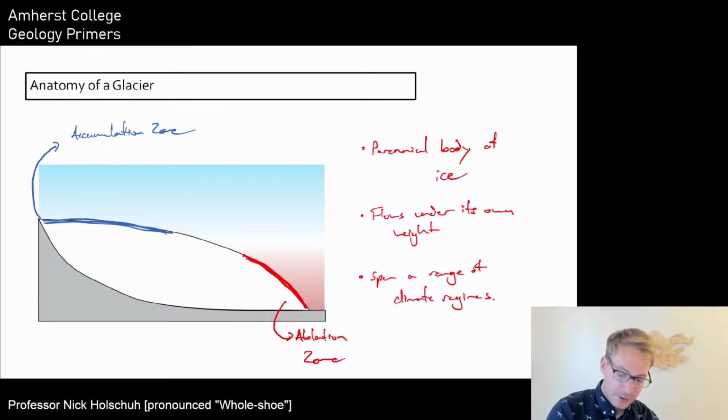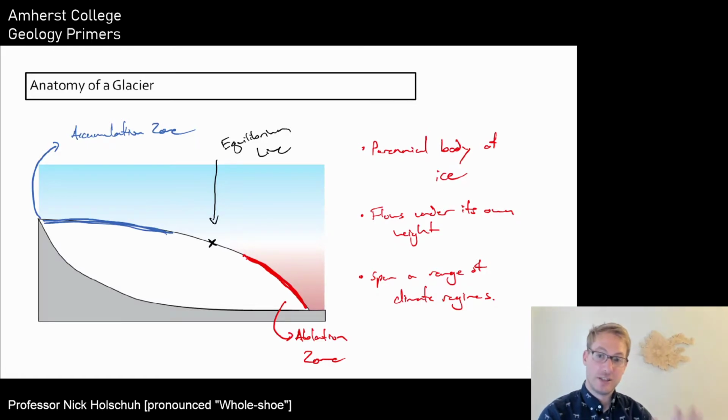The boundary between the accumulation zone and the ablation zone we call the equilibrium line. This is the point at which the glacier transitions from the climatic regime where there's more snowfall than snow loss to the climatic regime where there's more snow loss than snowfall.